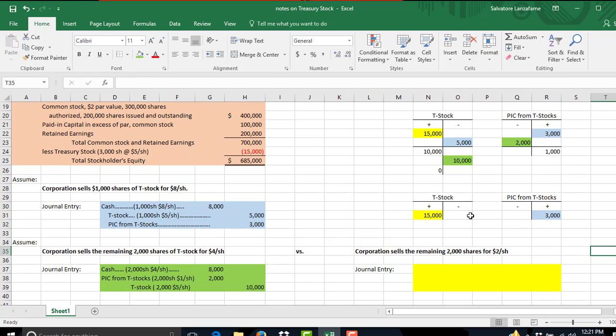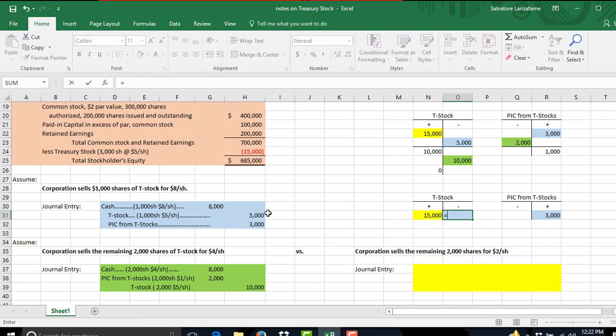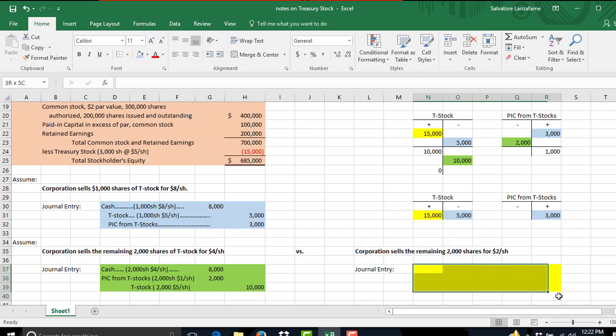Okay, so again, I have this $3,000 cushion that was created from this blue transaction, right? And let's not forget, we also had another blue in here, which was the 5,000. Alrighty, so now let's pretend this green one never happened, the one on the left. And now let's go back and say, all right, we sold the remaining 2,000 shares for $2.